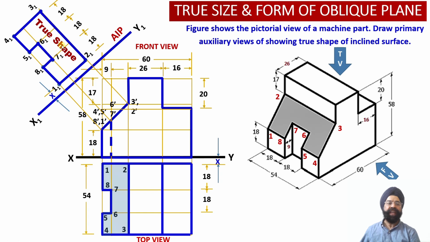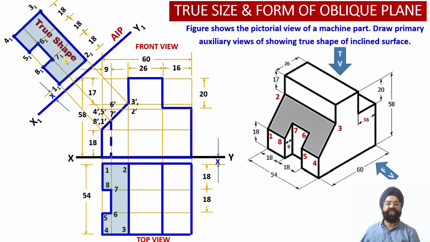Now if we compare this true shape with the apparent shape which we had obtained in the top view projections over here, we can see that the apparent shape projections appear to be shorter or smaller than the true shape projections which we have obtained in the auxiliary plan projections.